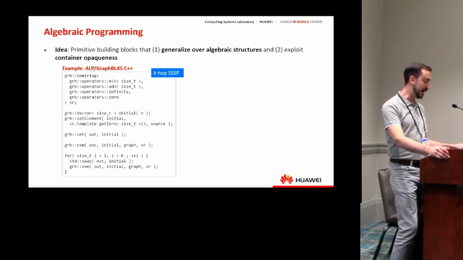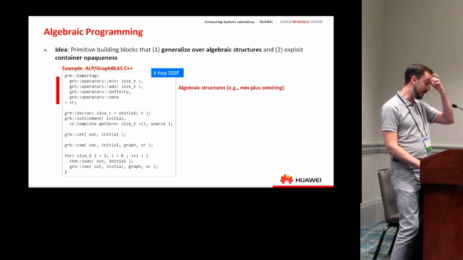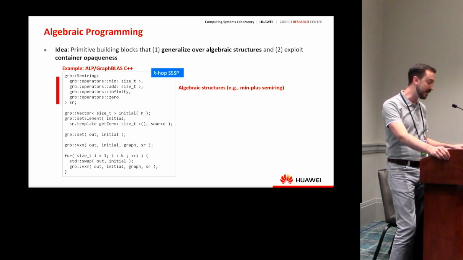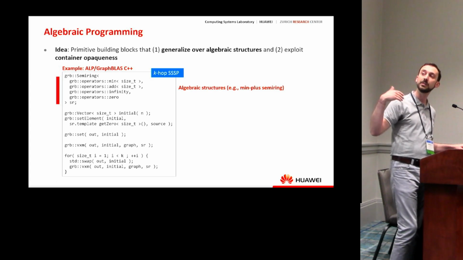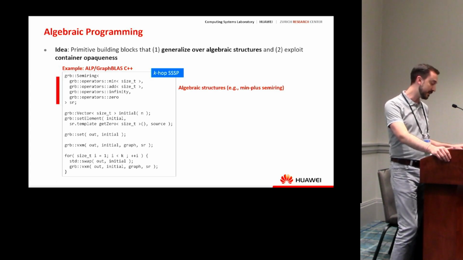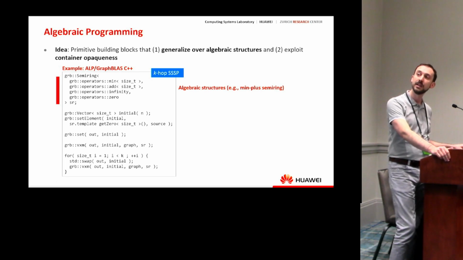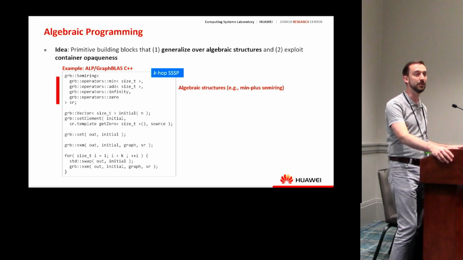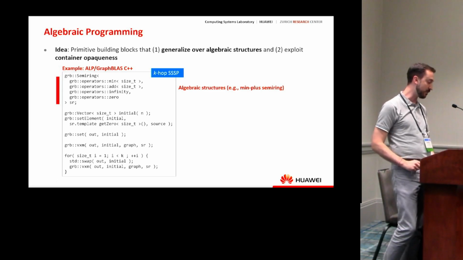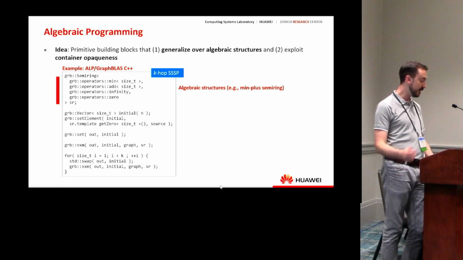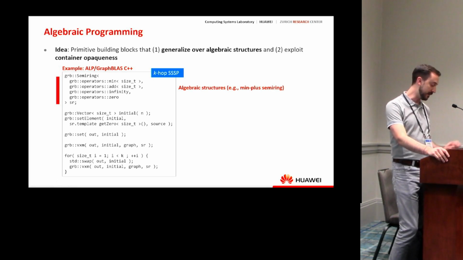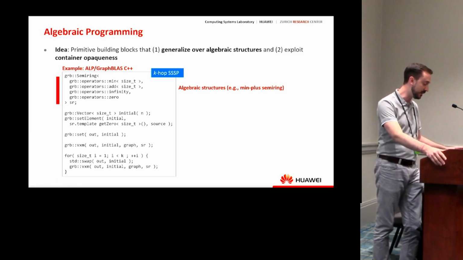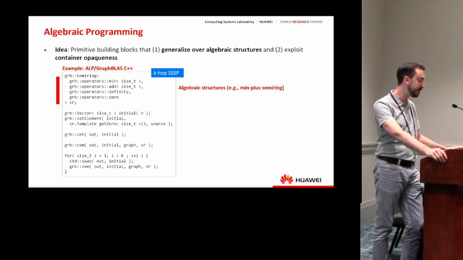Okay, so for example, in this case here, we are building a semi-ring, a min plus semi-ring in this case. We are trying to compute here the k-hop single source shortest path starting from a particular node in a graph, for example. So the graph would be represented by the matrix that kind of represents the different edge connections in the graph.